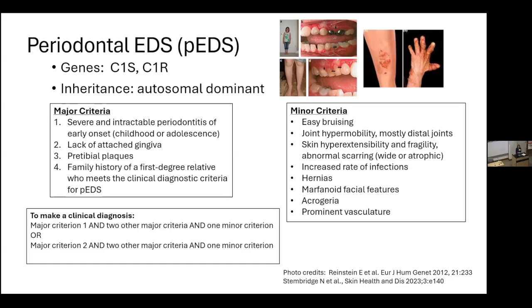So to make a clinical diagnosis here, we want to see major criterion 1 and 2 other major criteria and 1 minor criterion, or major criterion 2 and 2 other major criteria and 1 minor criterion.